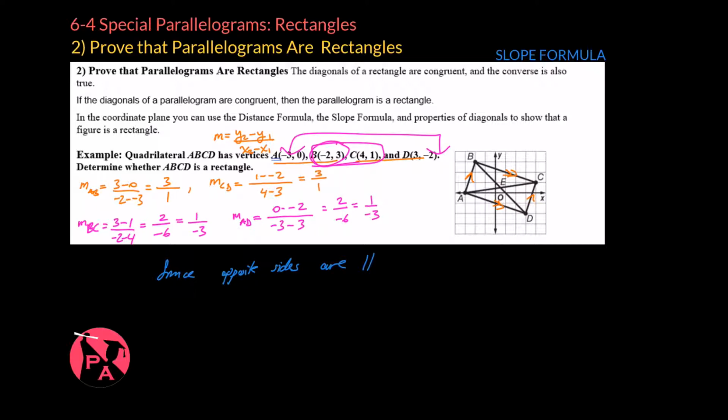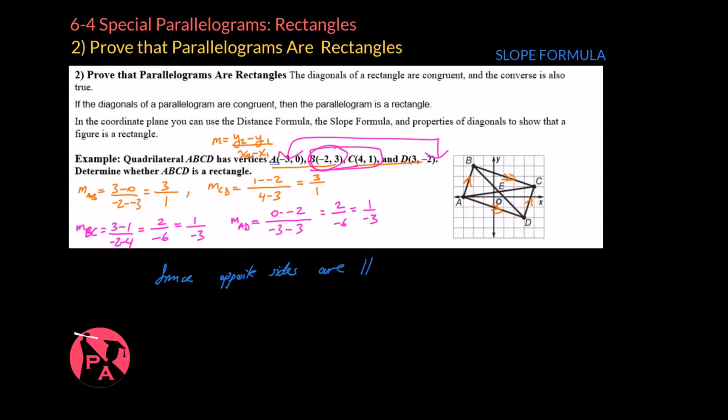Since the opposite sides are parallel, and the angles between consecutive sides are 90 degrees, let's explain how we know this.